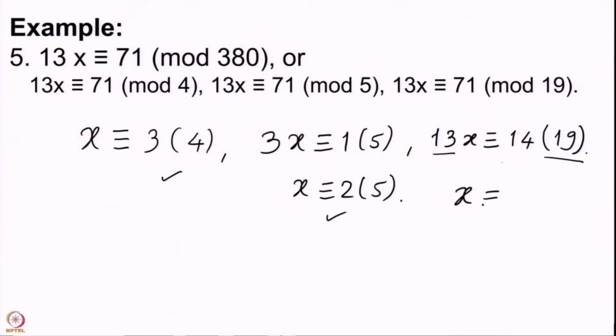So, we multiply both sides by 3 to get that x is congruent to 42 mod 19, which is 4 modulo 19. So, our ultimate equation now becomes x congruent to 3 mod 4, x congruent to 2 mod 5 and x congruent to 4 mod 19.